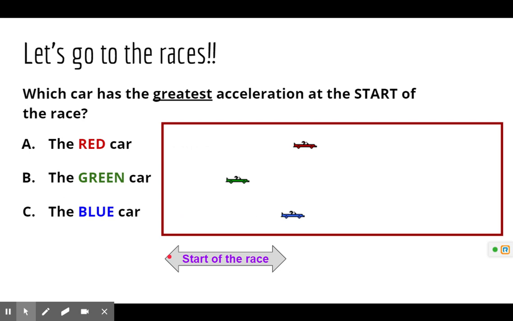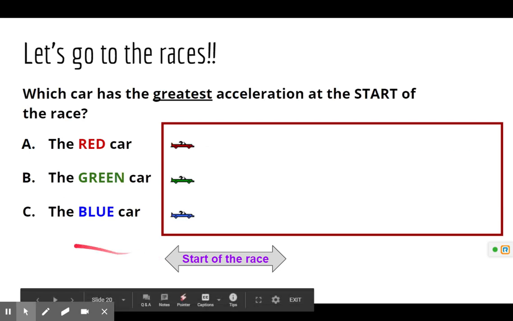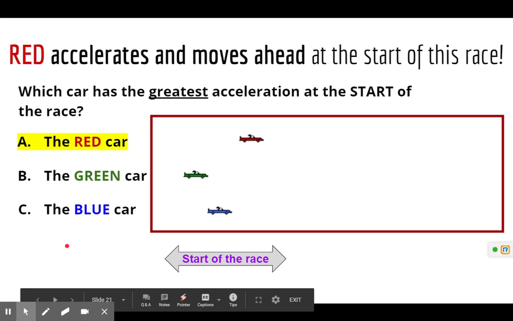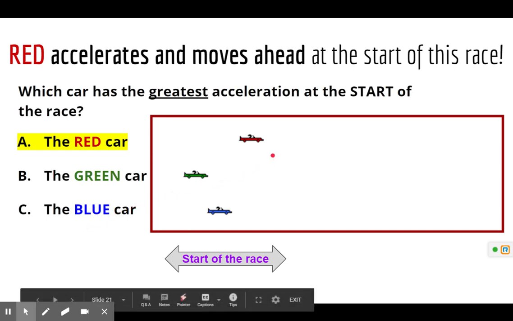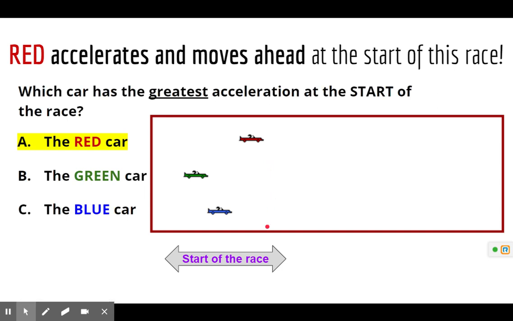Watch the animation a couple times and make your choice. Red accelerates and moves ahead at the start of this race. The red car is ahead of the green and blue at the first part of the race. Red has the greatest acceleration at the start of this race.